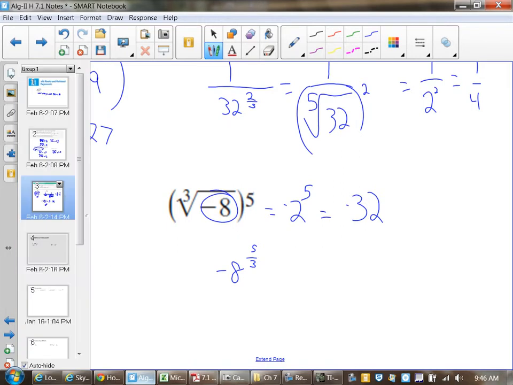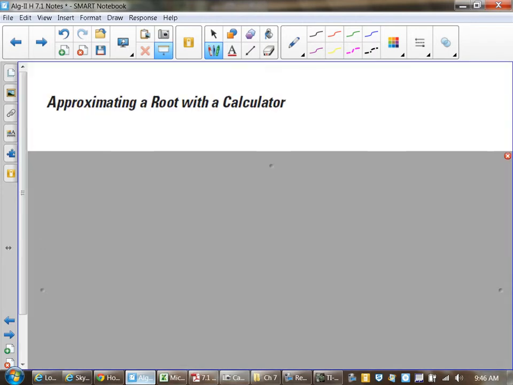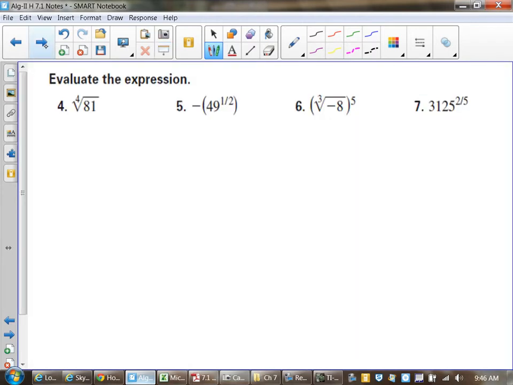All right, let's look at another. Look at number 5. It says the negative of 49 to the half power. Well, what does half power mean, guys?